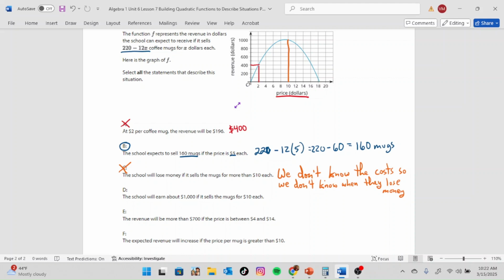Choice D. The school will earn about $1,000 if it sells the mugs for $10 each. So again, we're going to look where the price is $10 each. We're going to go up until we hit the line. We'll look to the left, and we will make $1,000 revenue.